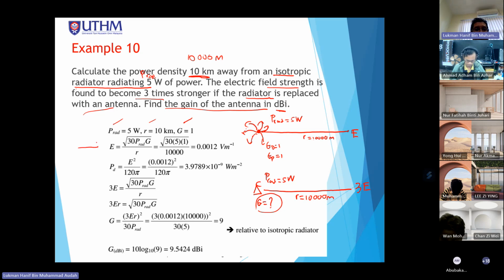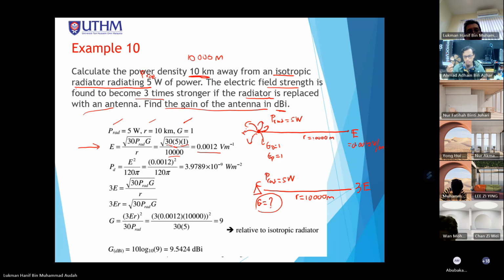So we can find the E field: E equals the square root of 30 times P radiation times G, divided by the distance. So 30 times 5 watt times 1, divided by 10,000 meter, gives 0.0012 volt per meter.